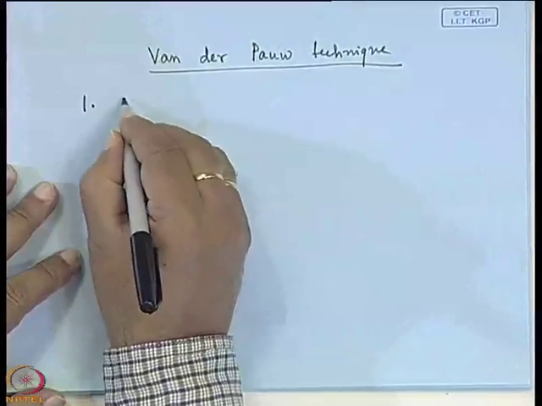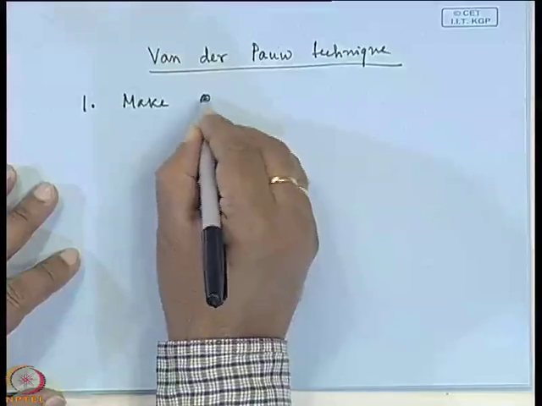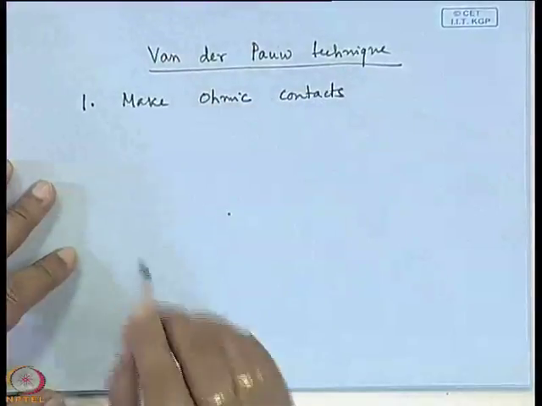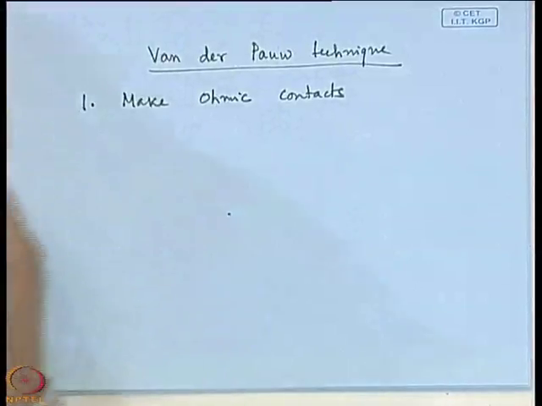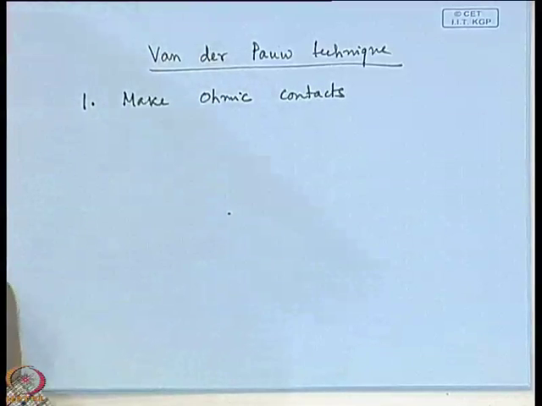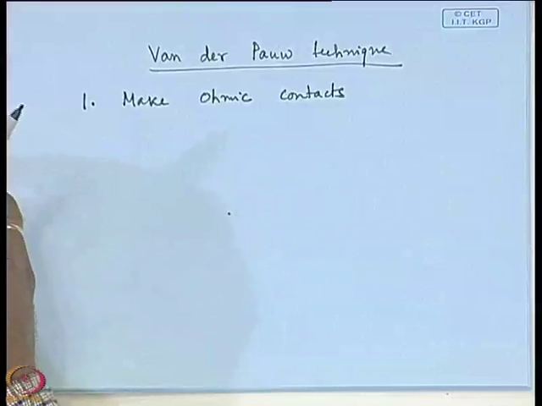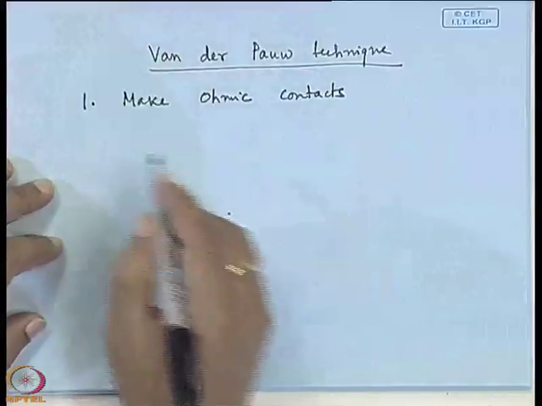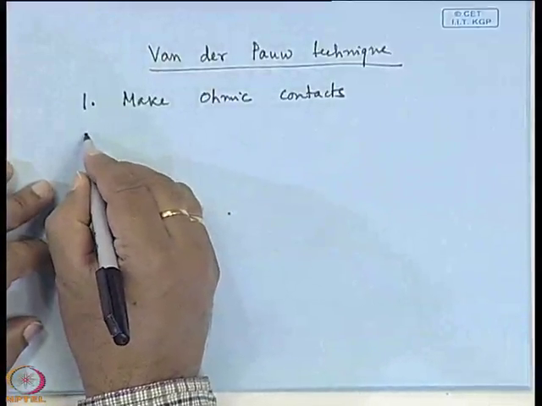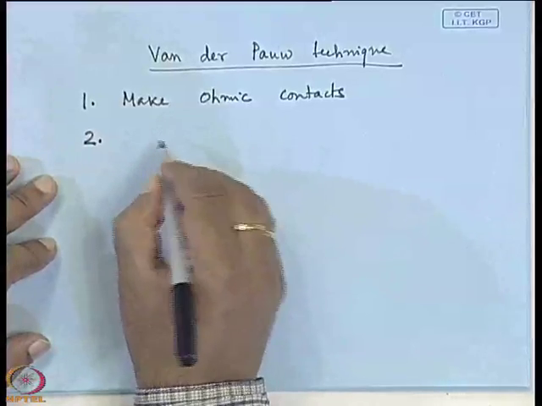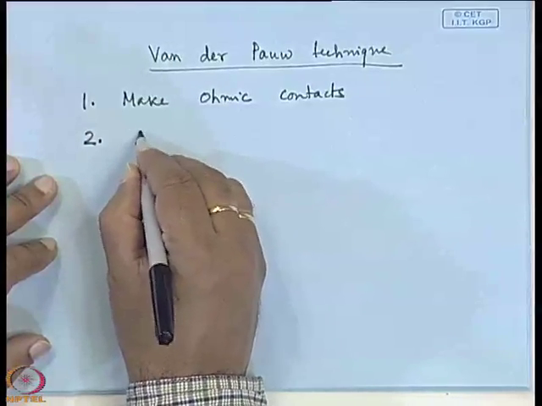First thing is to make ohmic contacts, which was not required for the 4-point probe. Number 2 is that you can use an arbitrary shape.